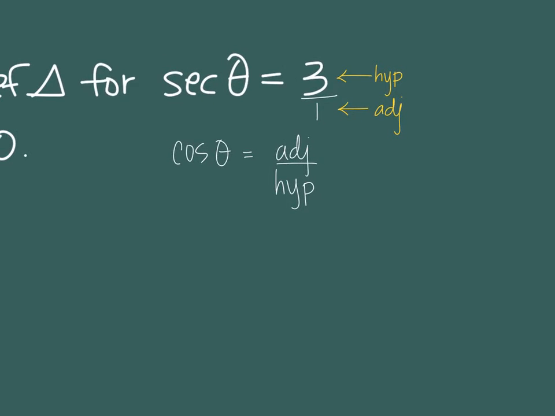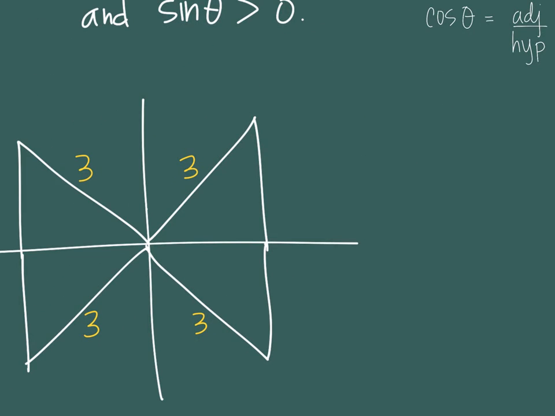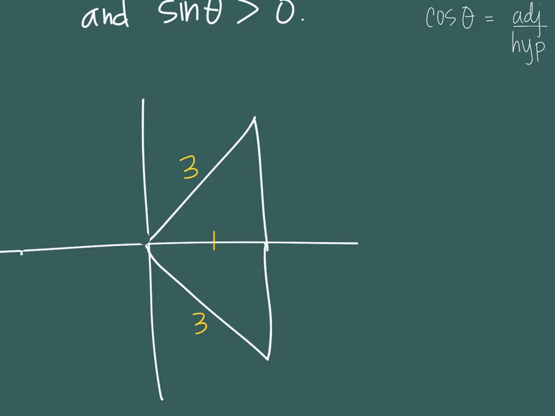That's a positive number. The adjacent has to be this side right there. That's 1. It can't be on the other side because that would be negative. And so we can eliminate everything in quadrant 2. And we can eliminate everything in quadrant 3.